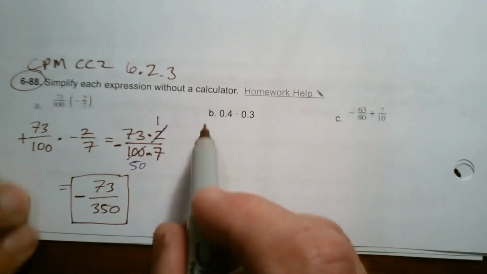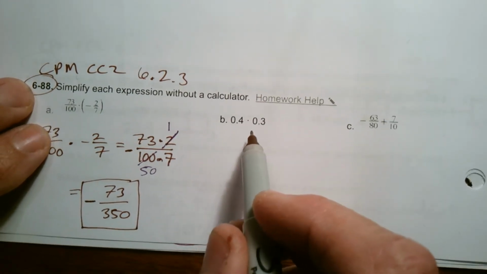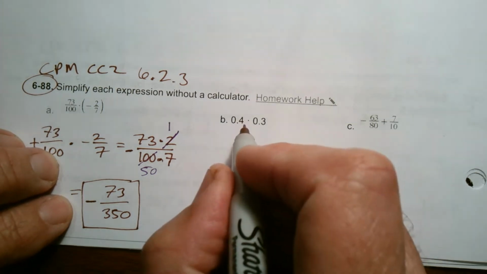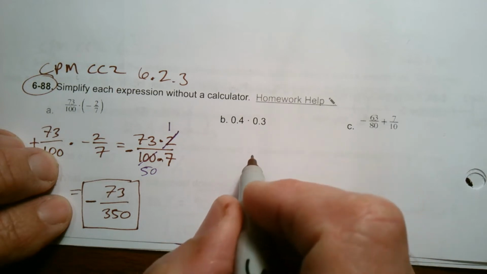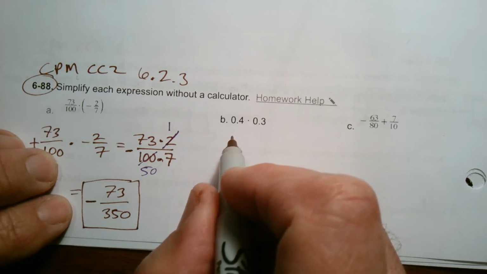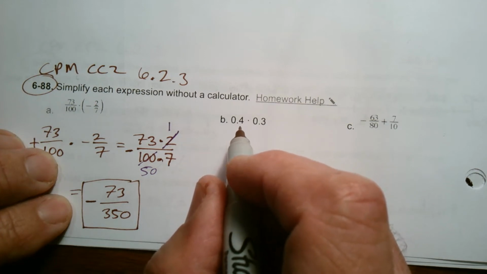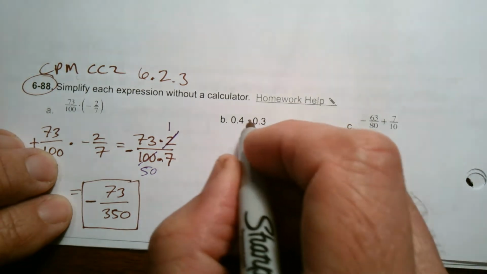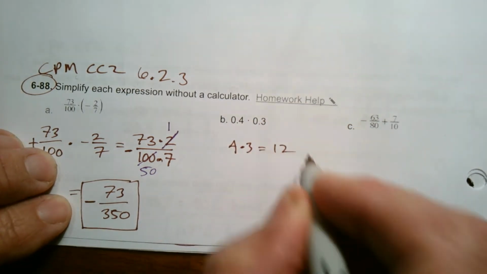Okay, B. Now again, this time we're looking at a product of decimals, numbers that have decimal digits. So this is 0.4 times 0.3. When you're multiplying numbers with decimals, the algorithm is to ignore the decimals and then bring them back into the answer. So you think of this as just what is 4 times 3, which is 12.